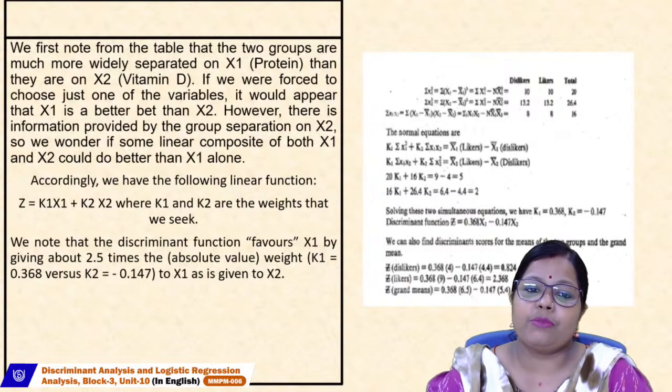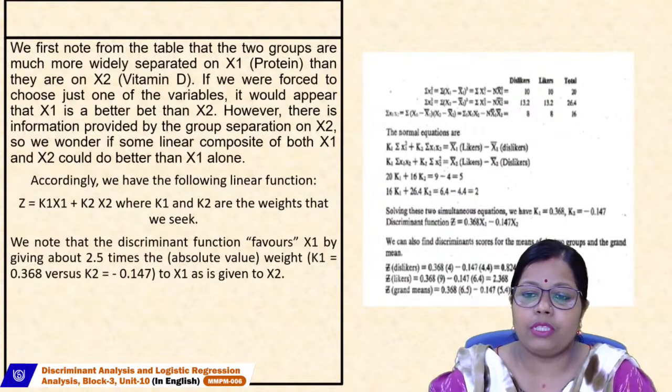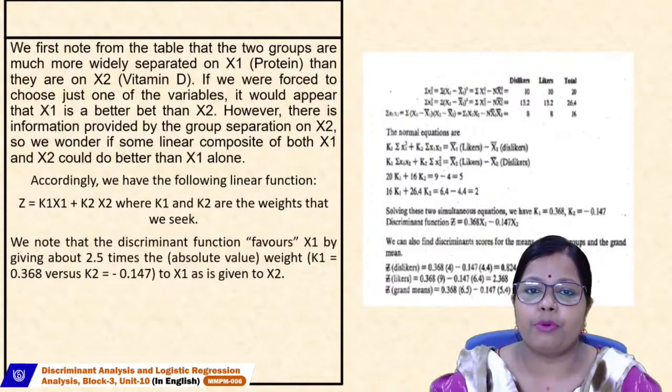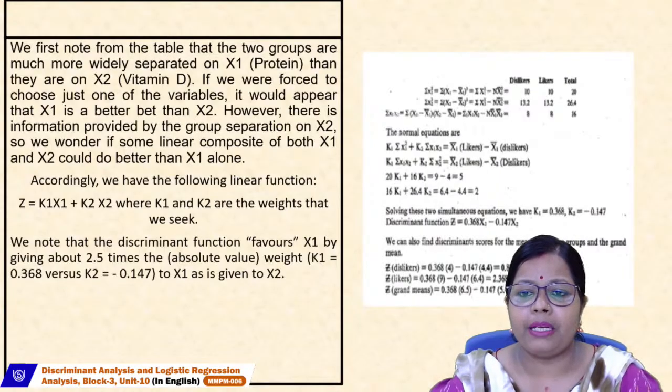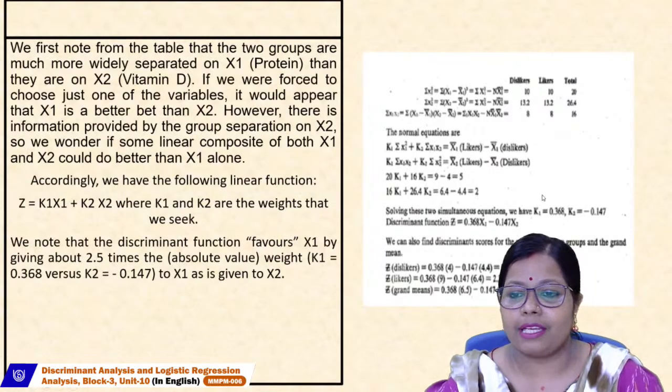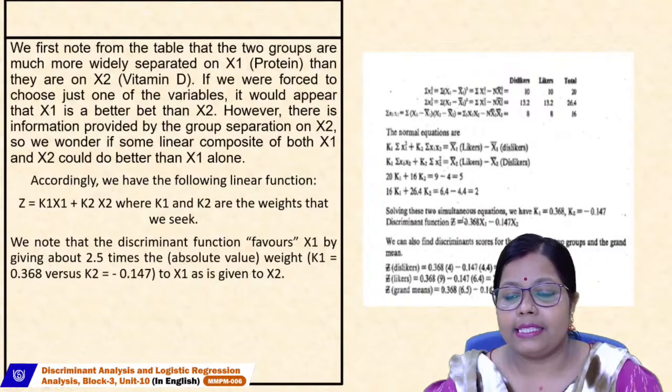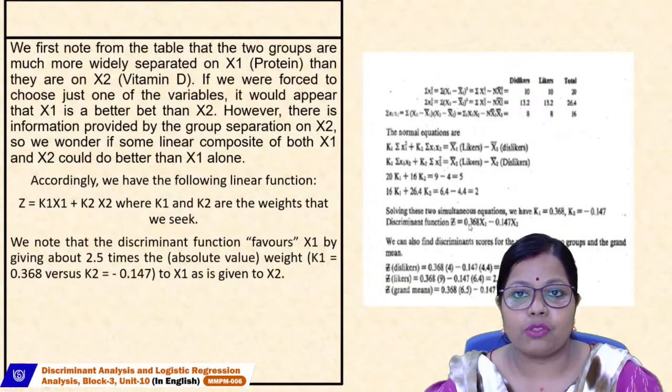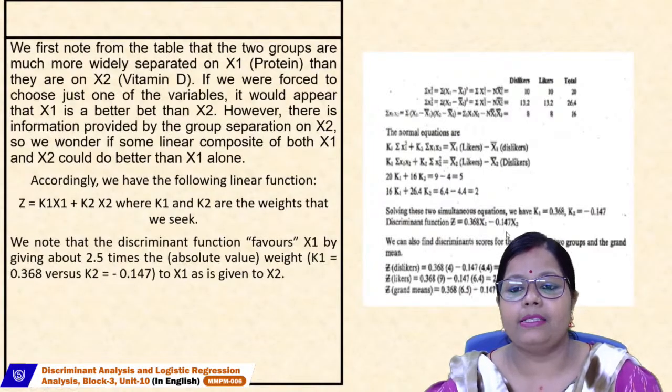So which is more required, or which one is more supported by the people? It is the protein, not the vitamin D. So by seeing the equations, we can say that the positive one, x1, is the most supported, but x2, which was assigned for vitamin D, is not.